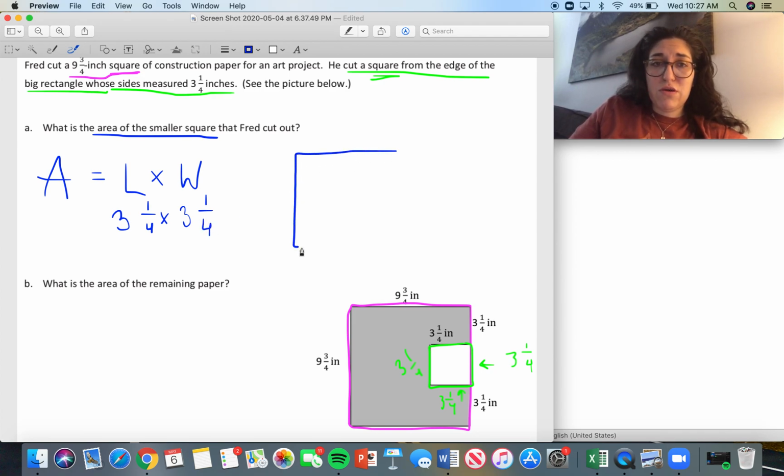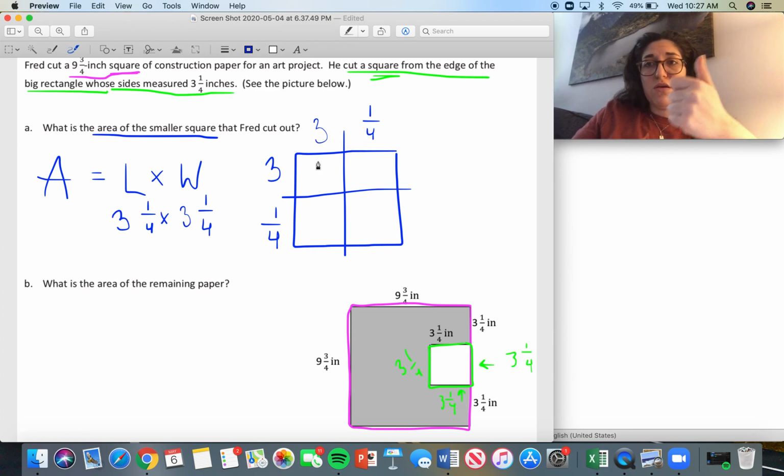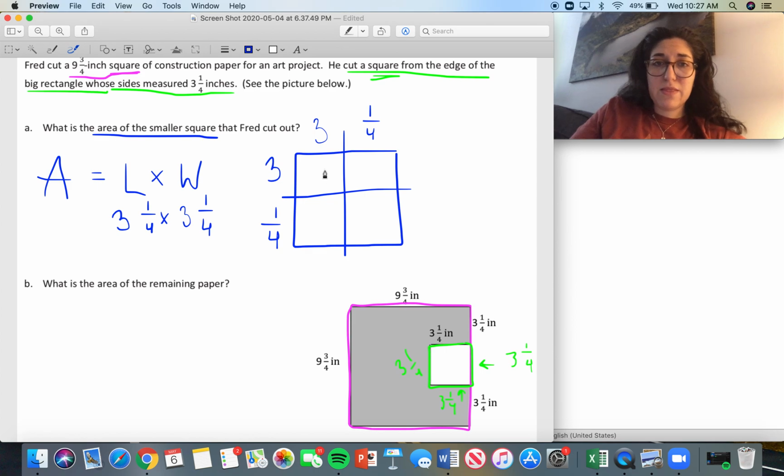So I'm going to do 3 1/4 times 3 1/4. 3 times 3 is 9. 3 times 1/4, or 3 groups of 1/4, is 1/4 plus 1/4 plus 1/4, which is 3/4.